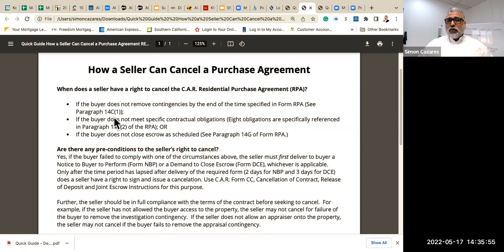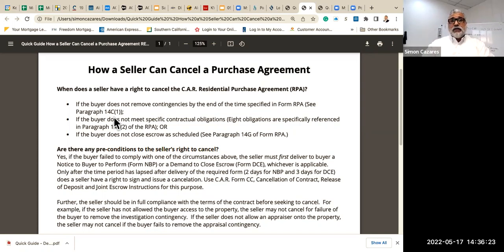Now, the seller also has that position if the seller must identify and purchase another property as well. The buyer has the right to push the seller to release that contingency, which is the contingency of the seller's replacement property.